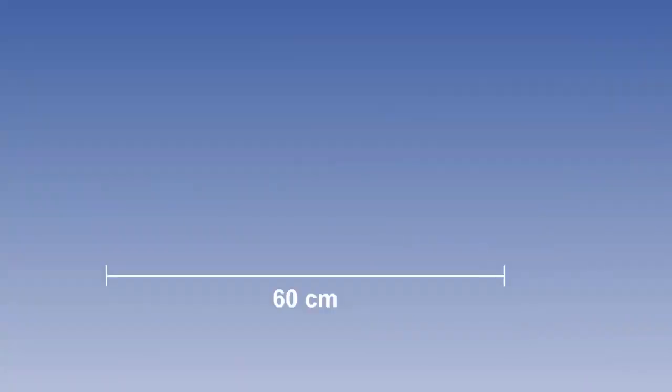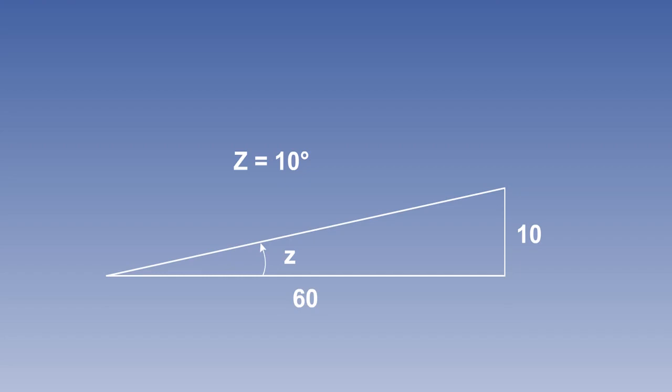Imagine a line exactly 60 centimeters long. Now raise a perpendicular on one end of the line and make this 10 centimeters long. The angle annotated Z in the diagram on the screen will measure 10 degrees. If the perpendicular were changed to be 5 centimeters, then the angle would be 5 degrees.